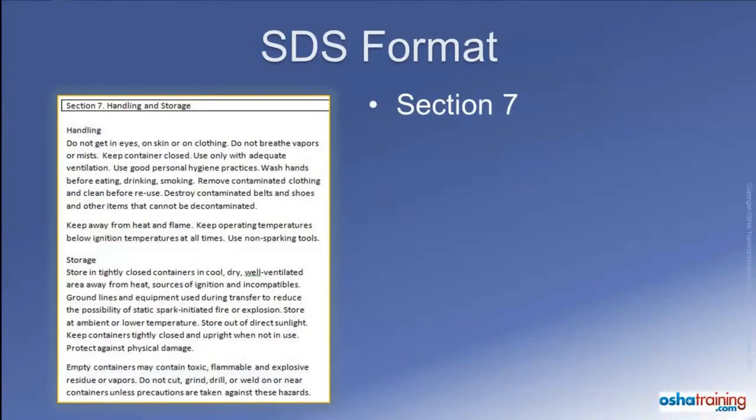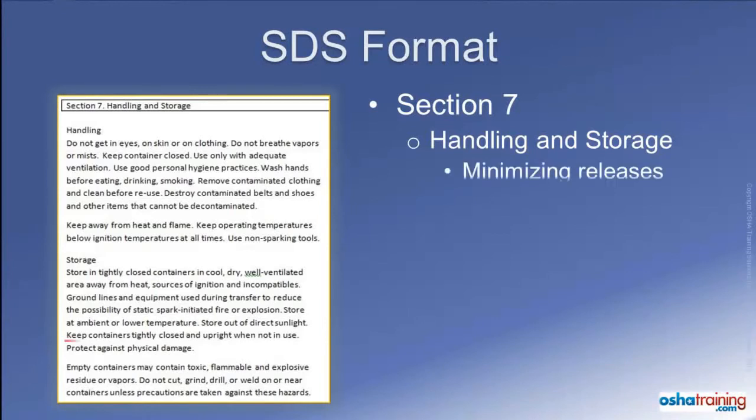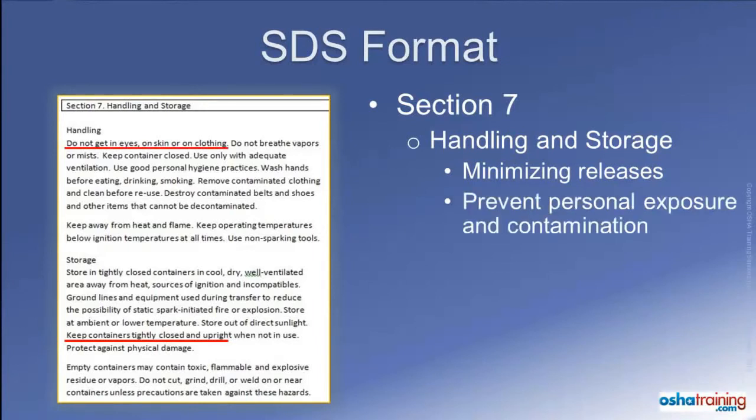Section 7 will provide information pertinent to safe handling and conditions for safe storage of the product. The required information consists of precautions for safe handling to prevent or minimize the release of the chemical into the environment, to prevent exposure or contamination for personnel handling the product, and recommended hygiene practices, for example, prohibitions against smoking, eating, or drinking in or near areas where the product is being handled.